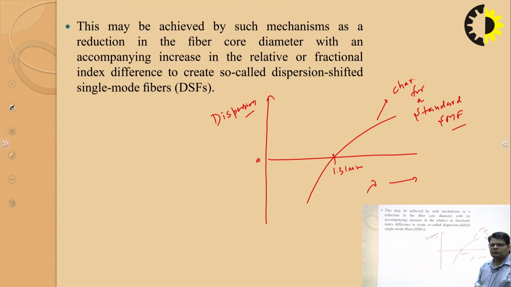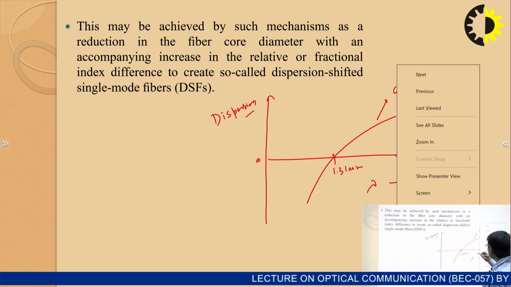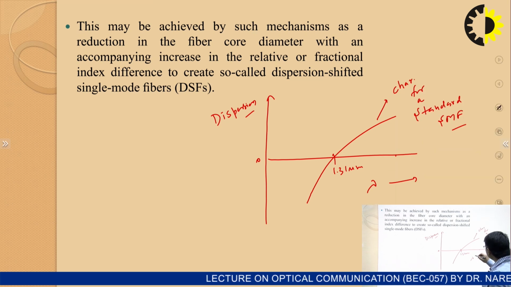Now in the dispersion modified fiber, this dispersion characteristics can be shifted from one point to another point. Let's say this dispersion characteristics may be shifted to another point like this.